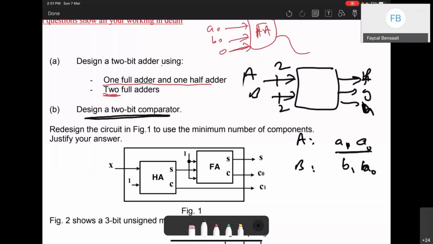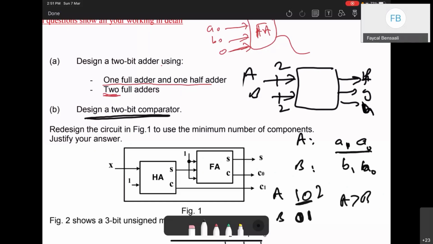So for example, if I have A is this value and B is this one, is A more than B, or are they equal, or is A less than B? A is more than B in this case, right?